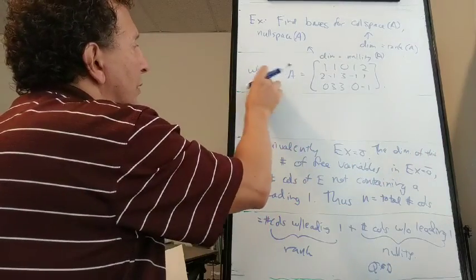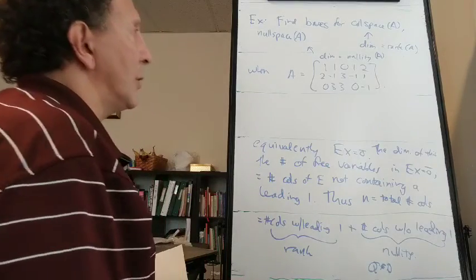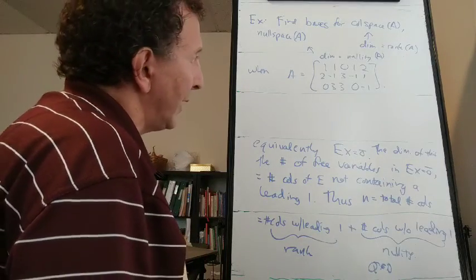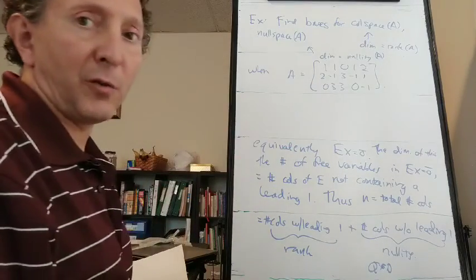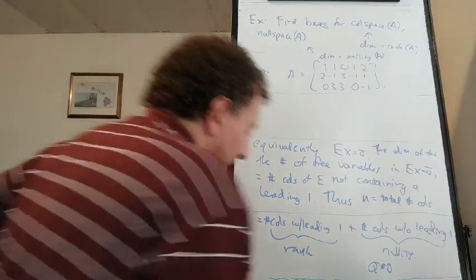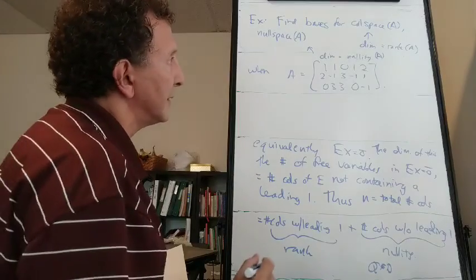So we'll use row operations to get to row echelon form. And then the columns containing leading 1s are going to tell us which columns of A we use to form a basis of the column space.